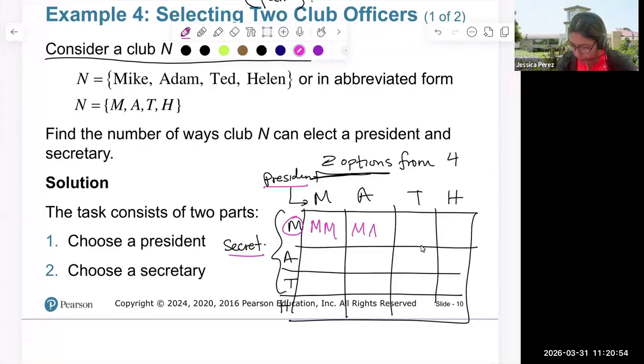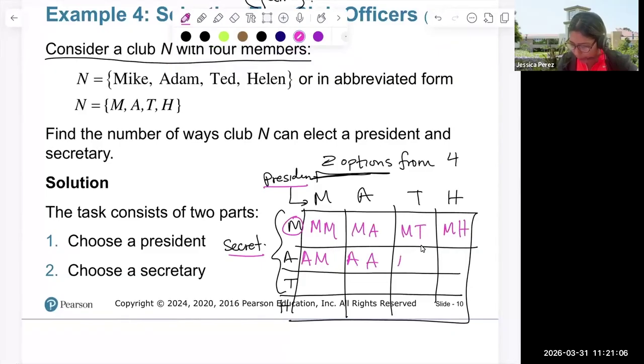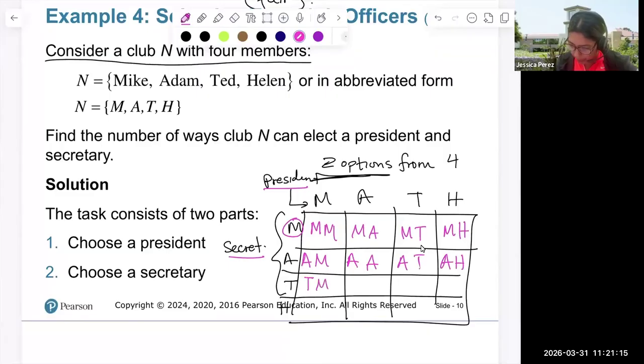MM, MA, MT, MH. Then Adam can be the secretary, and then Mike can be the president, or AA, AT, AH. So Adam and Helen. Now, if the secretary is Ted, Ted and Mike, Ted and Adam, Ted and Ted, Ted and Helen, or Helen and Mike, Helen and Adam, Helen and Ted, or Helen and Helen.